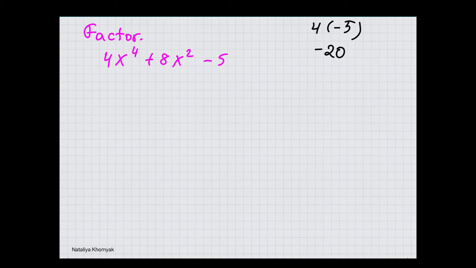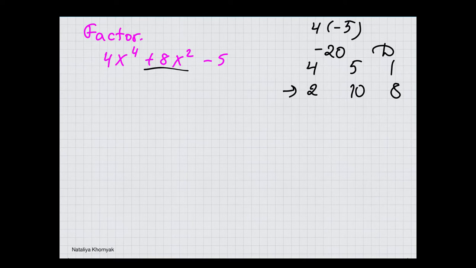Since the product is negative, we'll be looking for difference. We need two factors of negative 20 that have difference of positive 8. Well, 4 and 5 have difference of 1, so that's not good. Then we have 2 and 10 that has difference of 8, so this is the pair we need to work with.